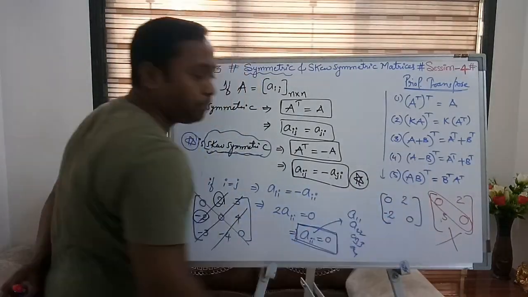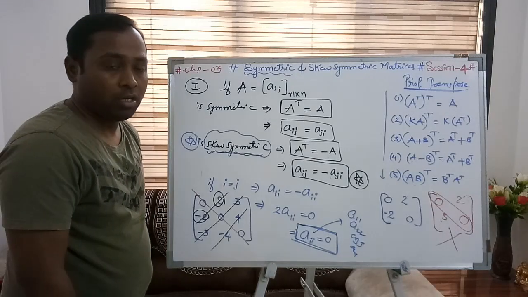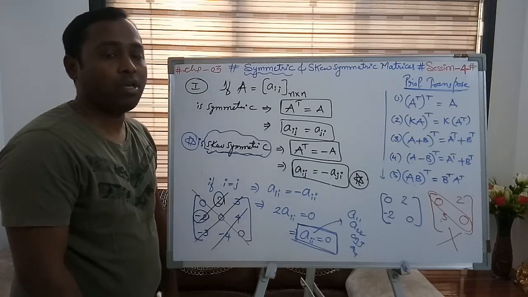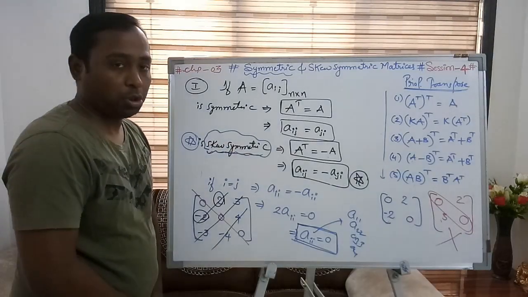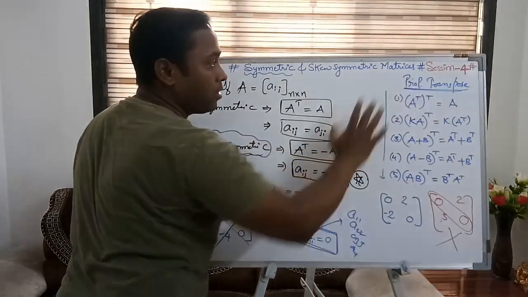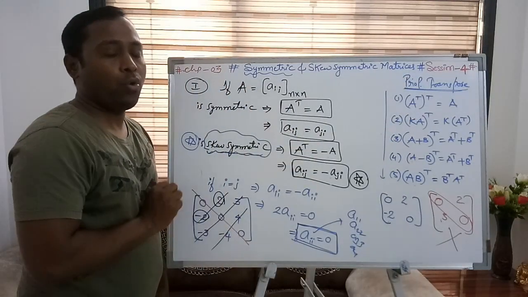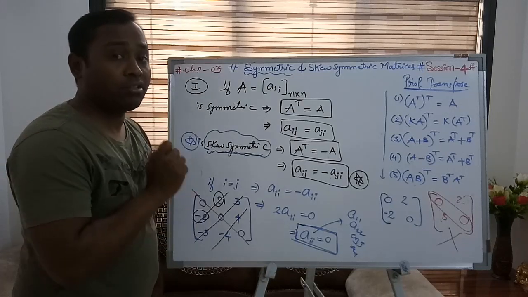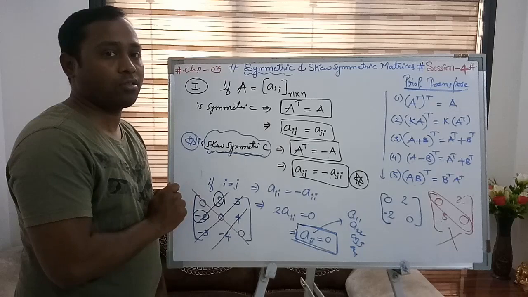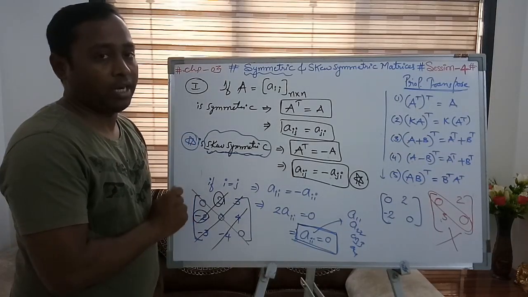I have given an example here. Hope you have understood the definition of symmetric and skew symmetric. Now, with the help of this definition and the 5 major properties of transpose, we are going to prove important theorems which are there in the syllabus and are asked in the board exam frequently.